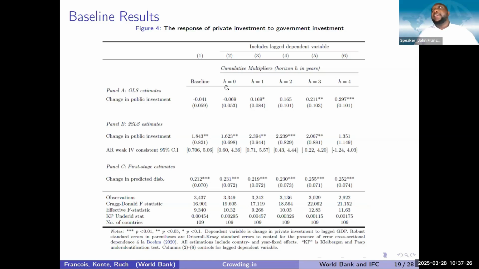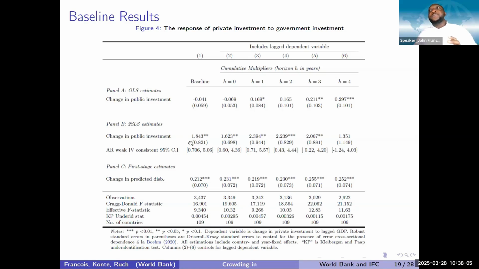So the baseline and H1 are just the same model. One controls for the lag of GDP and the other does not. The baseline results do not control for the lag, and H0 does control for the lag. And we'll focus on H0 or even the baseline. But what you see here is that a dollar increase in public investment, which is the change in public investment, an additional increase in public investment financed by external loans, increases private investment by $1.8, right?